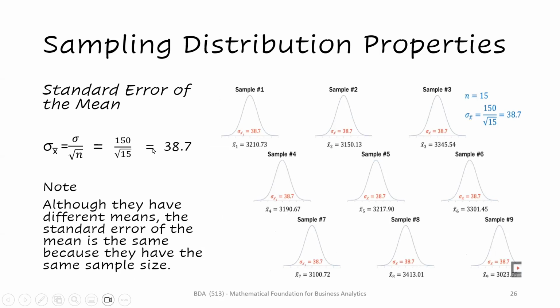So though the expected mean might change, the standard error remains the same if they all have the same sample size. Here the sample size is 15, therefore the standard error of the mean is 38.7. Are we okay? Yes.